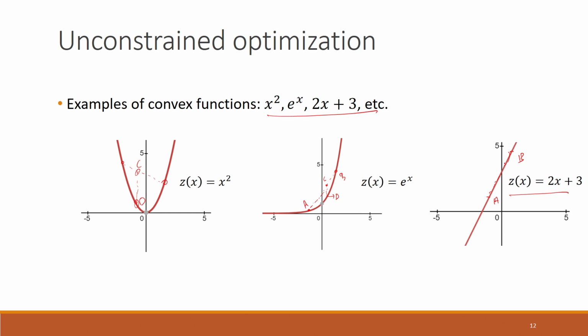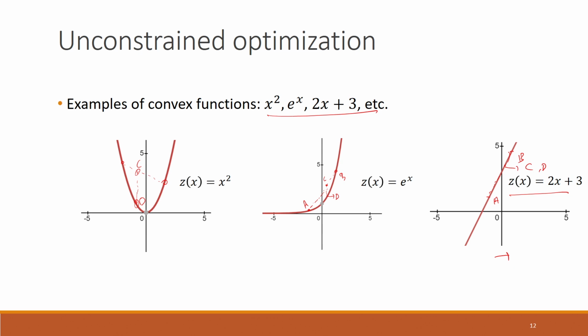Therefore, if you pick any point on this line segment, the corresponding point on the function will be that point only, because this line segment is lying exactly on this line. So this is also a convex function, because that point on the line segment will not be going below the corresponding point on the function, since that point is the same. Both of these two points C and D will be the same here. So this is also a convex function.